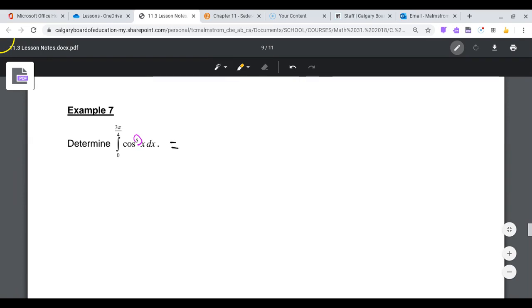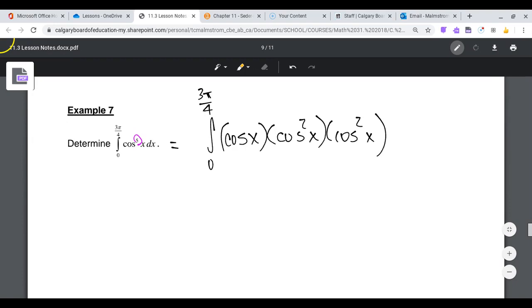Okay, so I'm going to expand out my cos to the power of 5. I'm going to say that's the same as cos x multiplied by cos squared x times cos squared x. Now I'm just using my exponent law rules. If I add up all those exponents again, I'm going to get 5, right? If you're multiplying with the same base, the rule is to add the exponents.